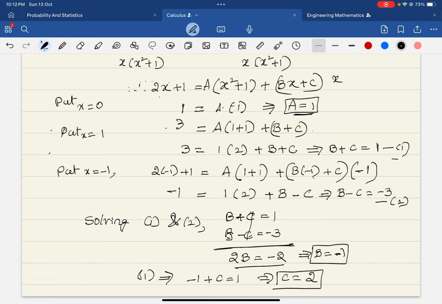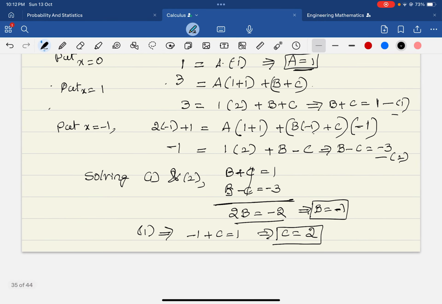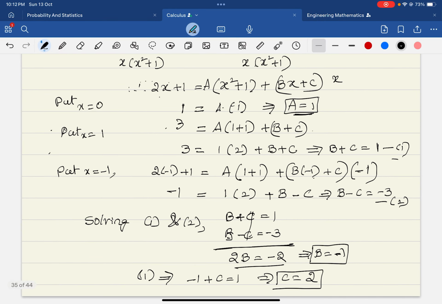Now we are going to put them in the equation 1. A is 1, B is minus 1, C is 2.